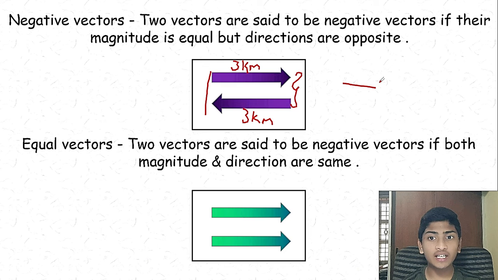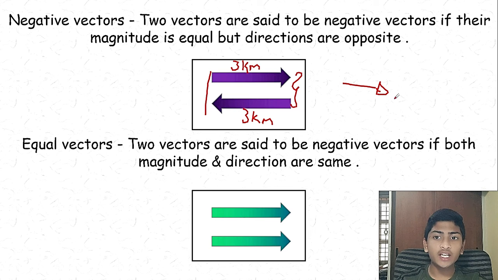We can't tell anything about a vector when there is only one vector. We can just tell whether it's a proper vector or a null vector. This is the only property which we can tell for one vector. A proper vector means a vector whose magnitude is non-zero.